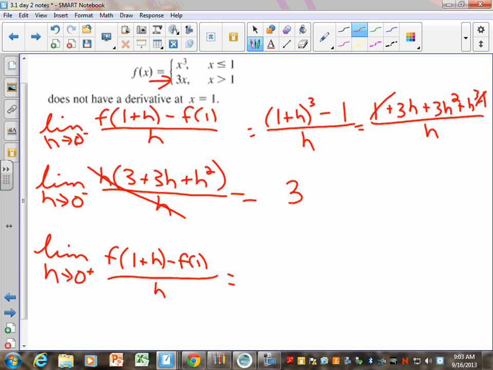So I get 3 times 1 plus h. But when I actually do f of 1, I'm asking for the actual y value there. Am I allowed to plug 1 into this bottom function based on the piecewise function here?